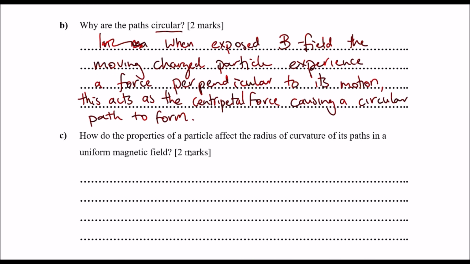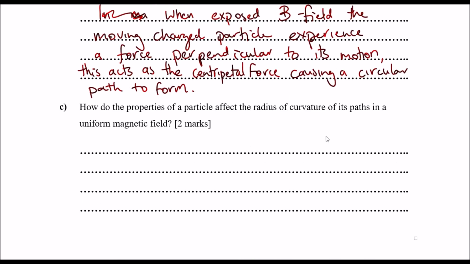How do the properties of a particle affect the radius of the curvature of its path in a uniform circular motion? So there's two things. We already talked about the charge. Actually, let's just be a little bit more direct.